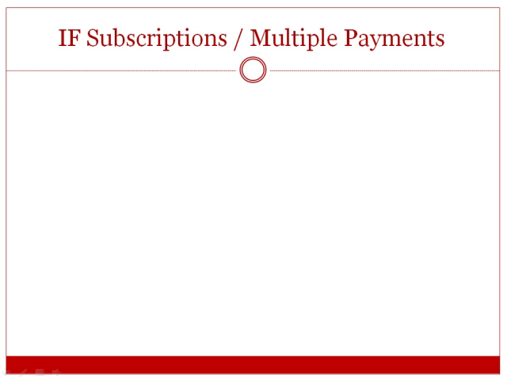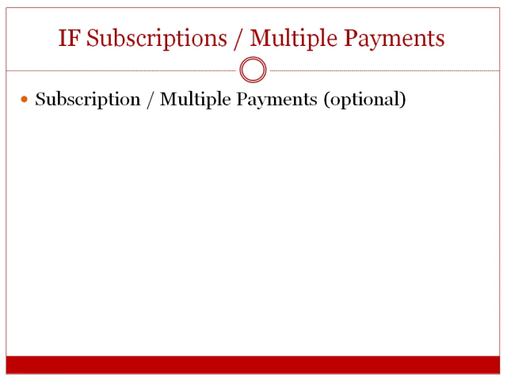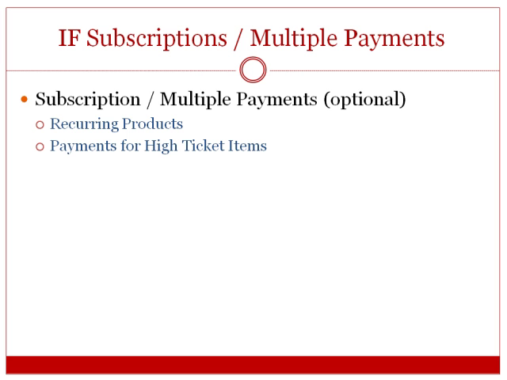Let's say you know for a fact somebody's not going to pay $1,000 up front, but if they could afford it, they would pay $100 or $200 a month. That would be an option there. So if you go this route, it applies to recurring products and payments for high-ticket or low-ticket items if your audience is unable to pay a certain amount.